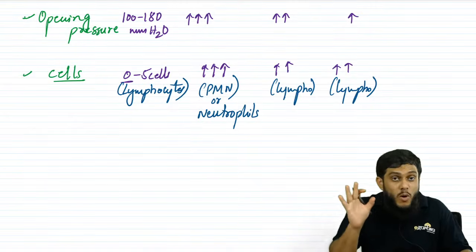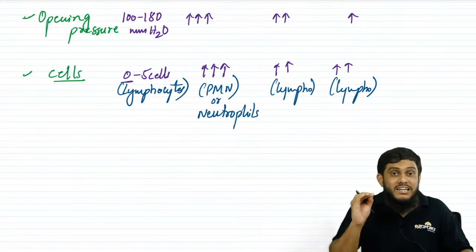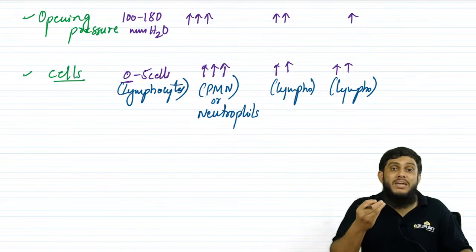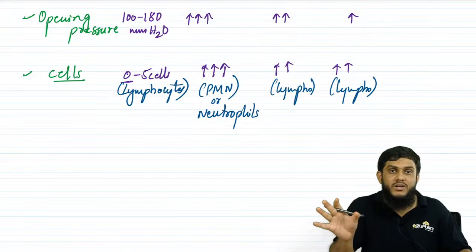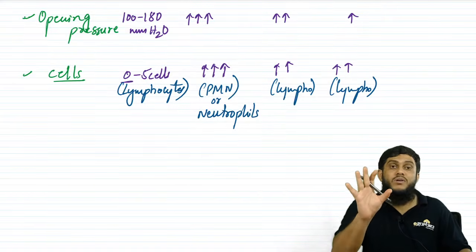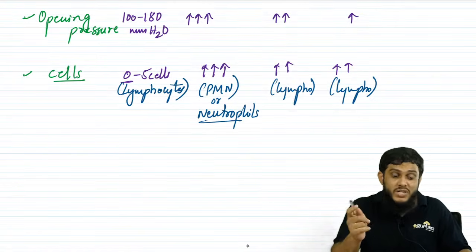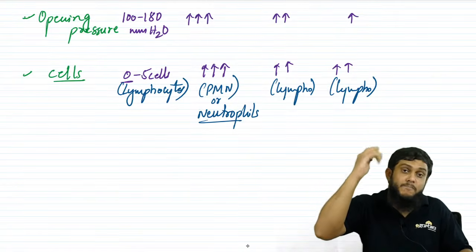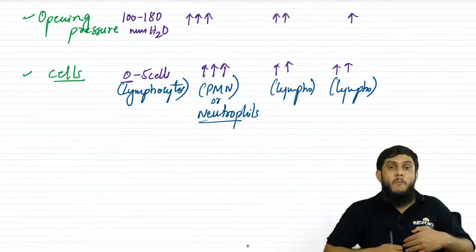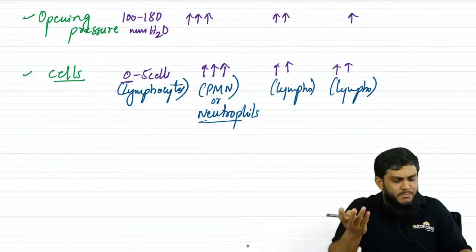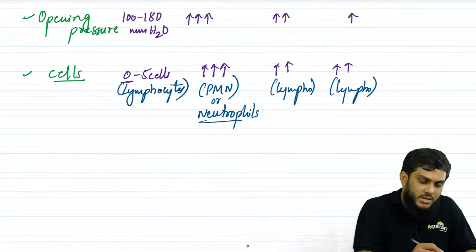In all other forms of meningitis, lymphocytes are moderately increased, maybe 100, 200, 300, 400, up to 500, but not more than 500. Whereas in bacterial meningitis, we see a very high increase in neutrophils, 1000, 2000, 3000, so usually more than 500. Sometimes you can see less than 500 also. So this is about the cells.